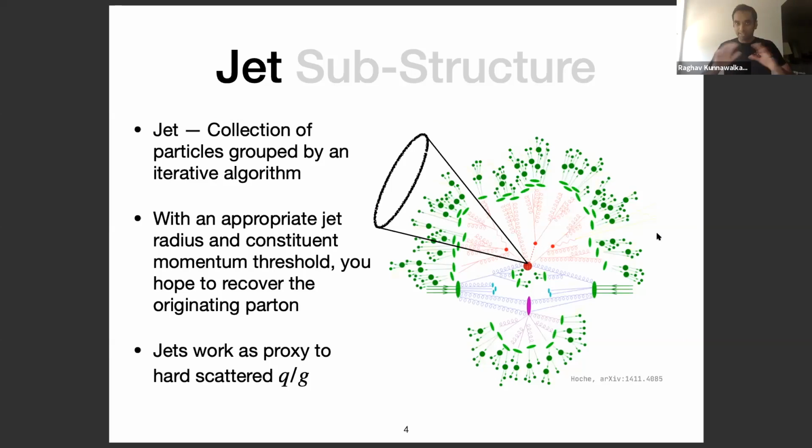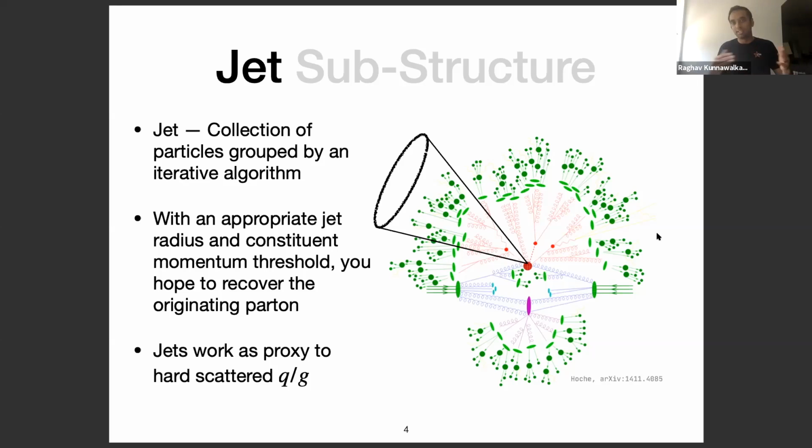So jet, the basic definition is you have a particular algorithm that runs on a group of particles and clusters them together into a single user-defined object. So that's defined as a jet. What this does for you is if you have the appropriate size and some appropriate momentum threshold, you collect all of those particles and you can go back to the originating hard scattered parton.